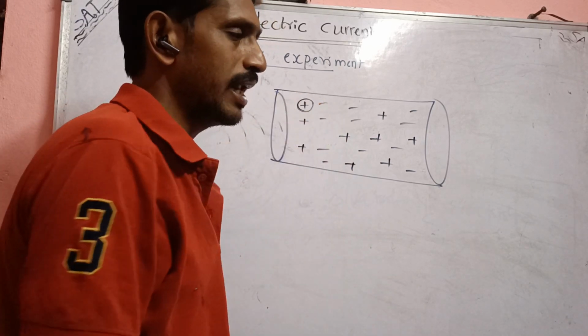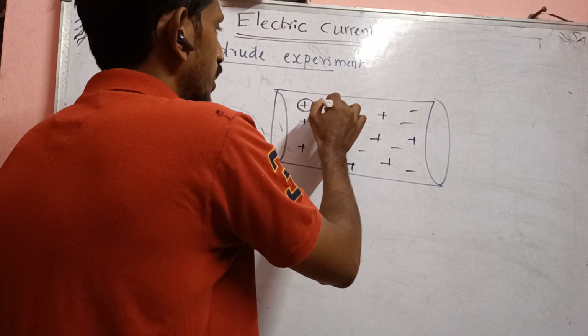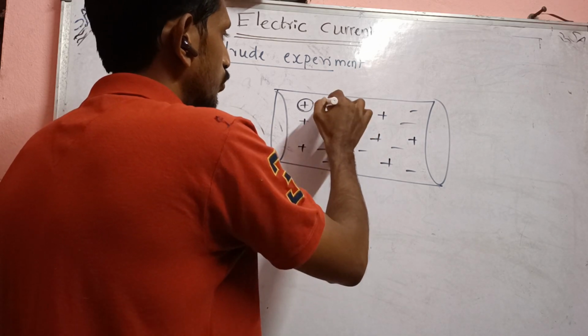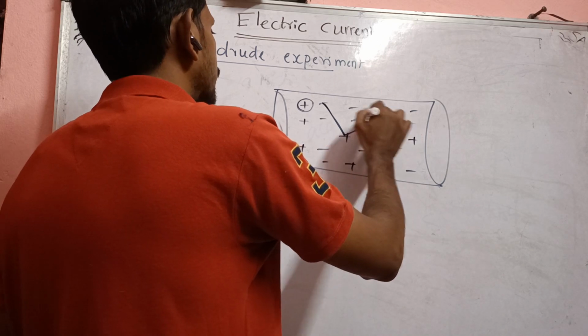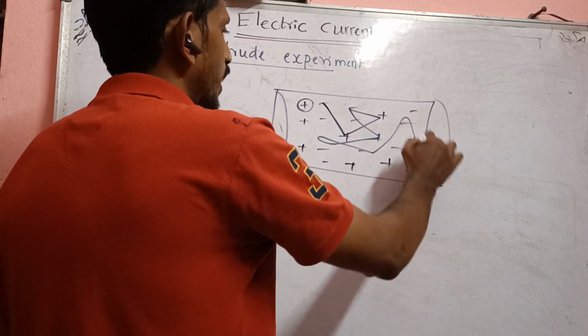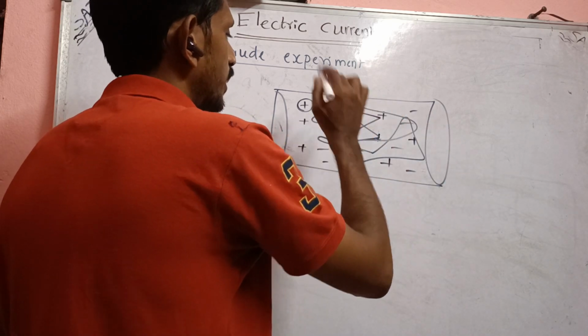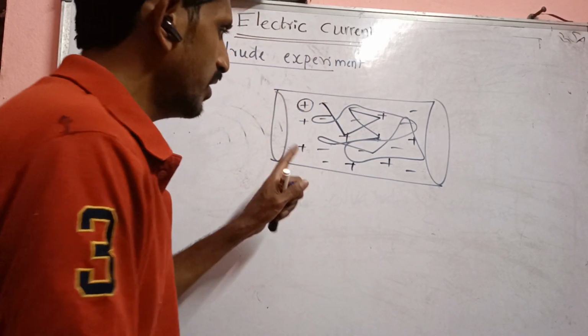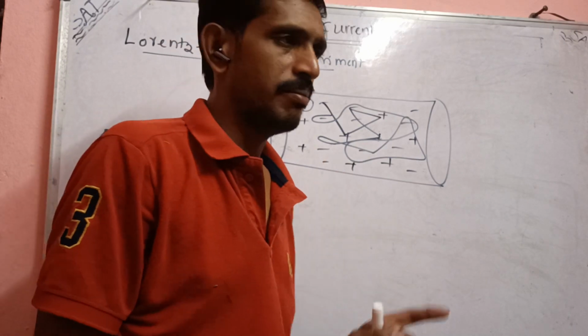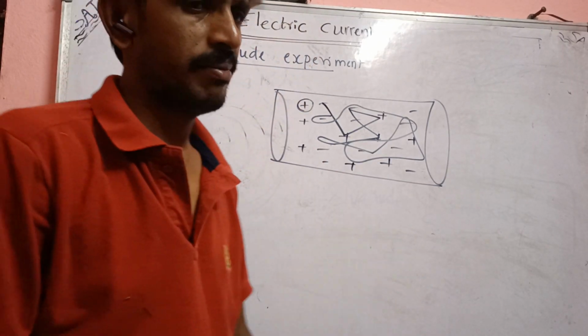It does not move. Only electrons move. For example, this electron is moving like this, collides with the positive charge, and again moves like this. It is moving in a random direction. Every electron moves like this only. This is the general condition of the conductor by the Lorentz-Drude experiment.